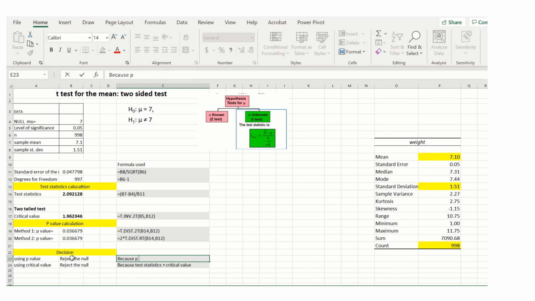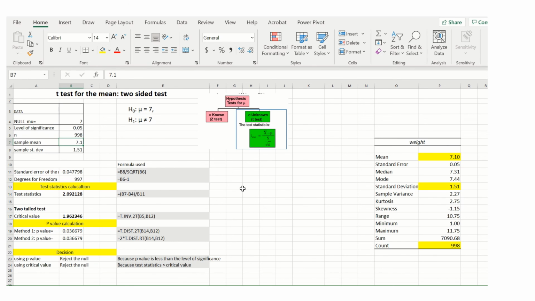Because the p-value is less than the level of significance, which is alpha. In other words, we have a very low p-value, which means if the null is true, having a sample mean of 7.1 is very unlikely. We shouldn't have it. So we reject the null.